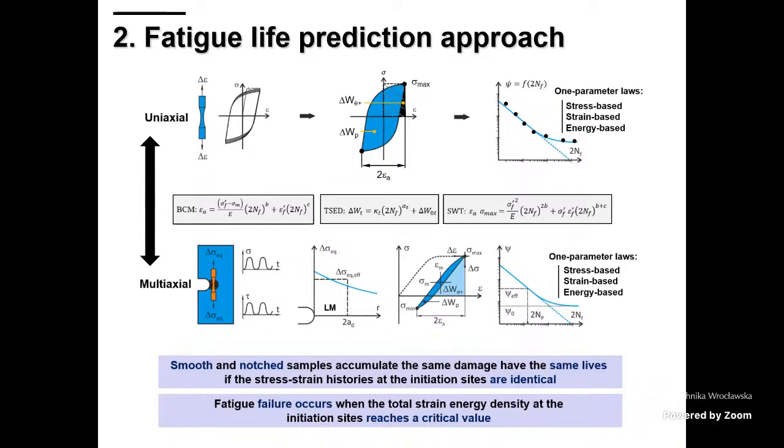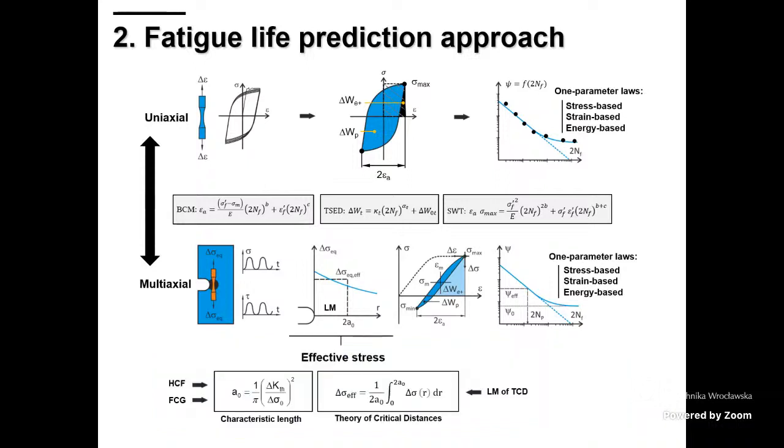In a second stage, when we are dealing with the multi-axial loading conditions, basically we perform it numerically using a linear elastic approach, and then we calculate the effective value near the notch process zone. In my case, I'm going to calculate the effective value by using the theory of critical distances, more specifically the line method.